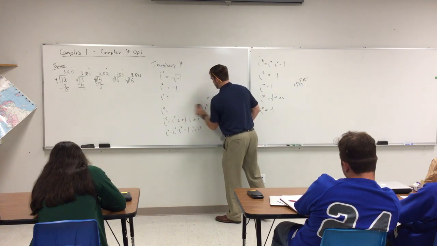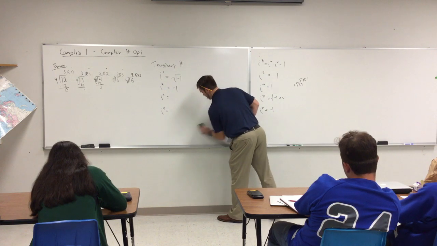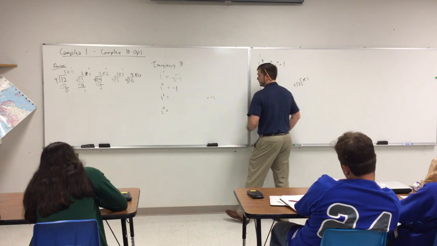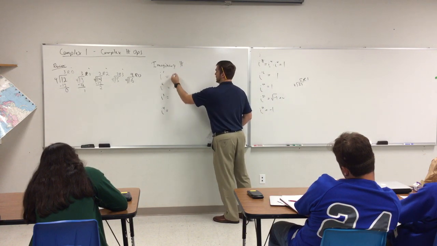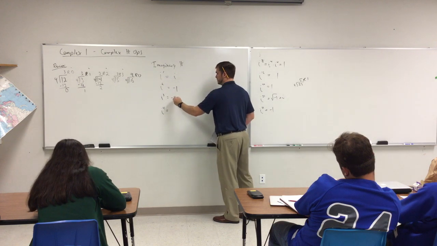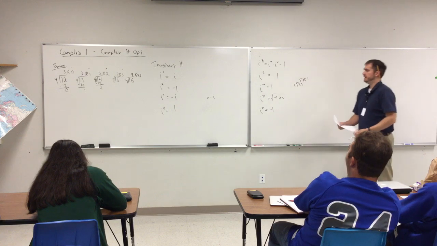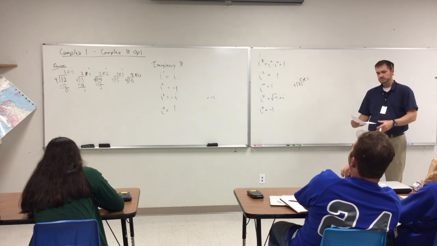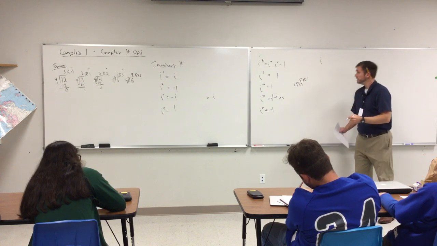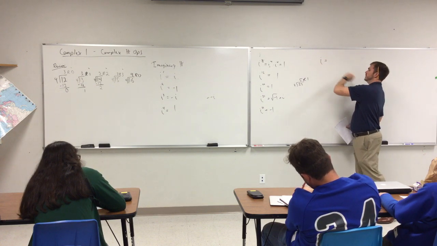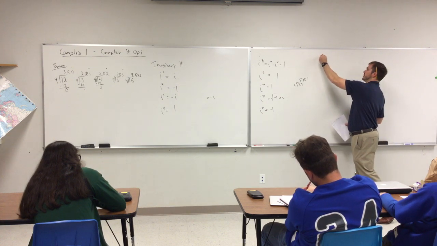So if we just recall this pattern, I'll erase these middle parts. This is what we need to think. We normally just say i, negative 1, negative i, 1. It's going to follow that pattern. Because of that, we can very quickly figure out things like what is i to the 35th?